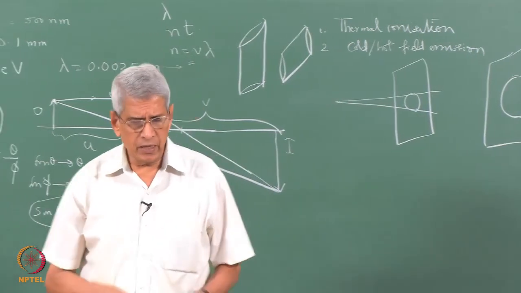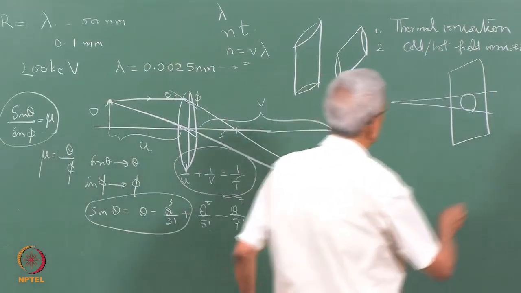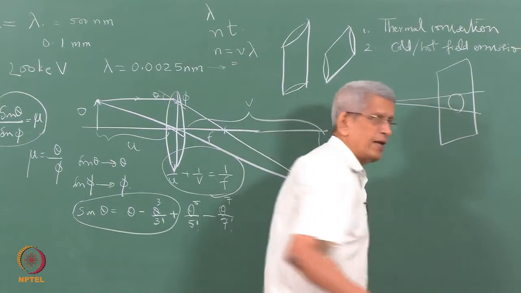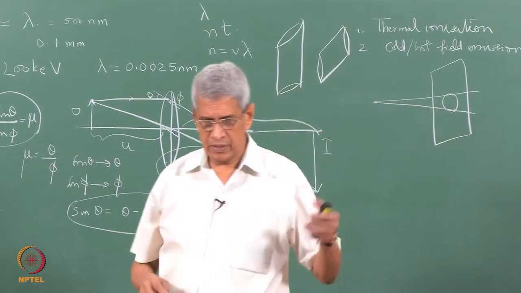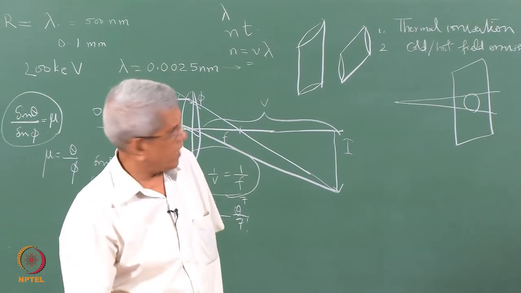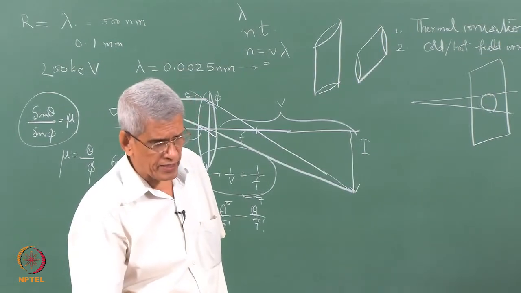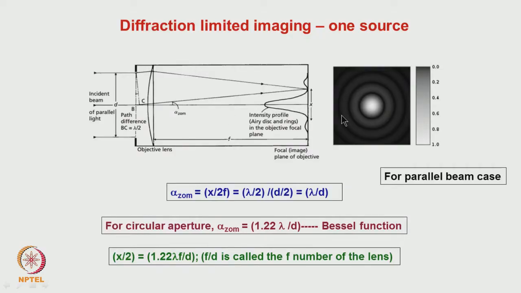If we make the size of this hole smaller and smaller, and the size becomes nearer to that of the wavelength of the radiation which we are using, then it has been observed that you do not see a sharp image. There are some rings that could be seen beyond the geometrical image. This is called an Airy disk.